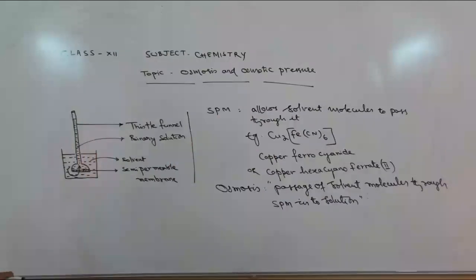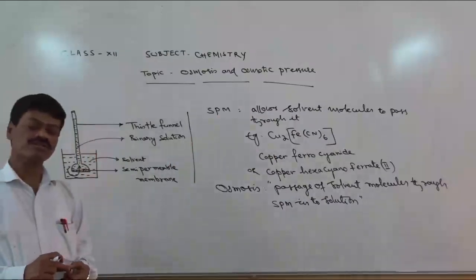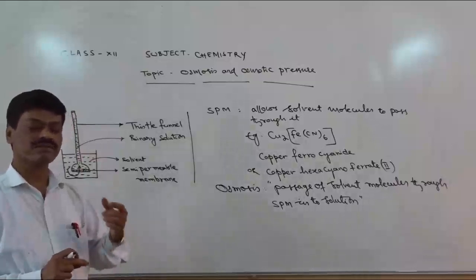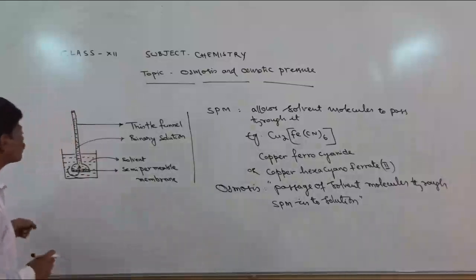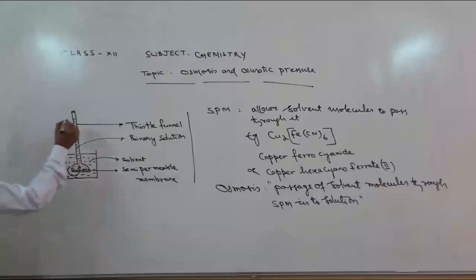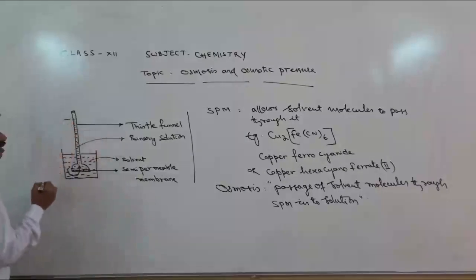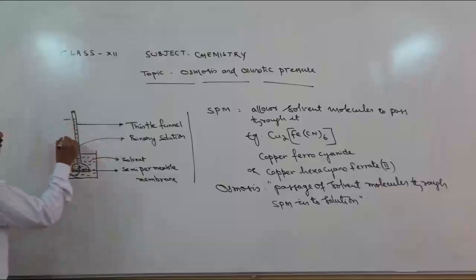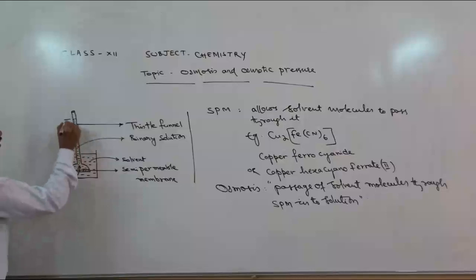When osmosis takes place continuously, entry of solvent molecules into the solution will be continuous. As a result, the height of the solution in the thistle funnel, from the surface of the solvent in the beaker, increases gradually.